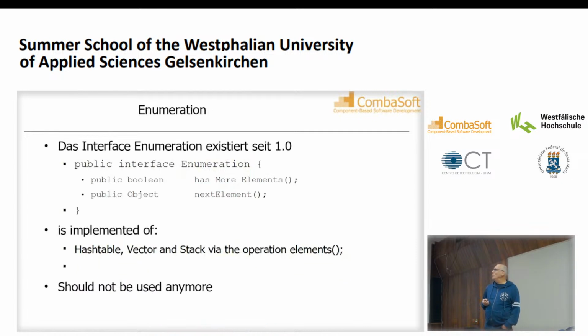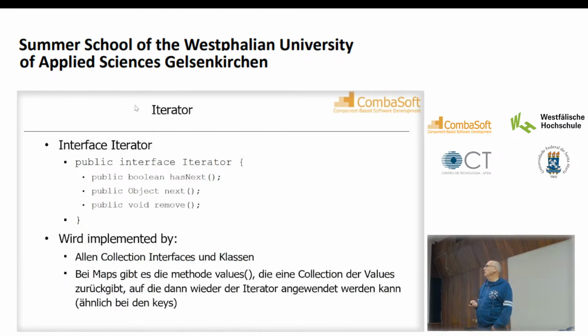Okay, interface enumeration, I will not tell you a lot about that, just for historical reasons, because some of my students used it all the time, and I said to them, no, don't do it anymore, because it's implemented for hash table, for vector and stack, and these collections will not be supported very long. So, but you will still find it in books. But you should not use it anymore. The iterator interface has what we have already seen.